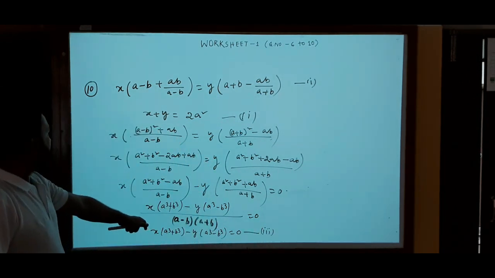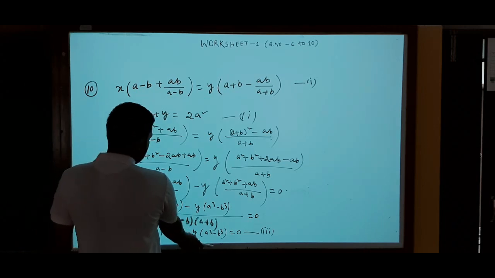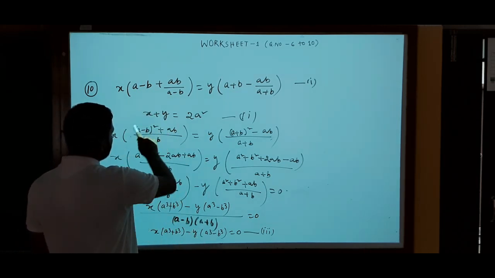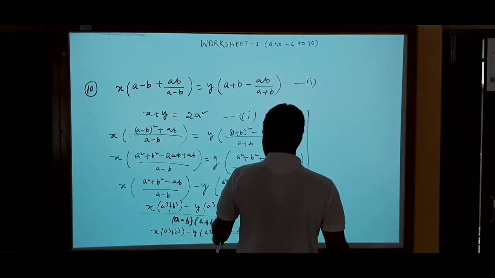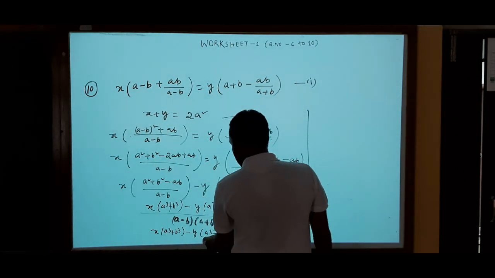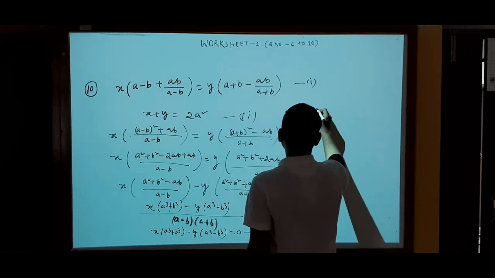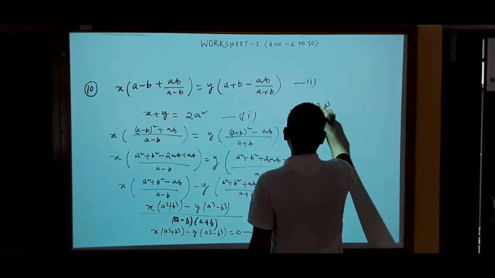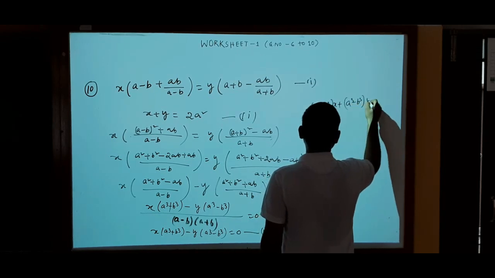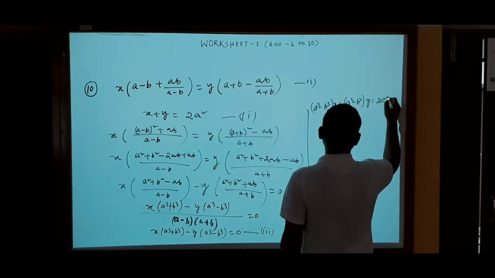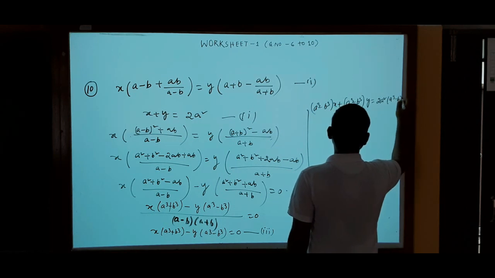Now you can check. This is more simpler than the previous one. Now this is x plus y equal to 2a square. Now try to multiply. So suppose that you want to eliminate y, that entire equation you have to multiply with a cube minus b cube. So a cube minus b cube x, a cube minus b cube y, and 2a square into a cube minus b cube.